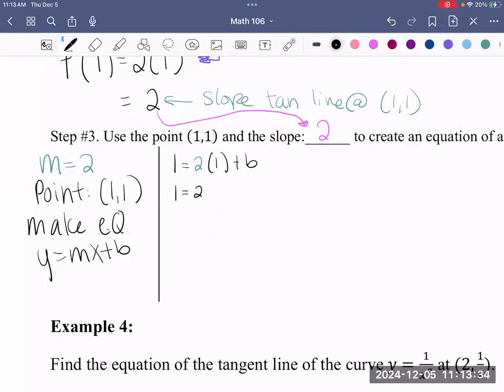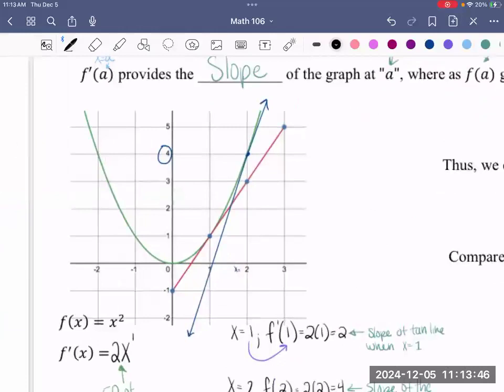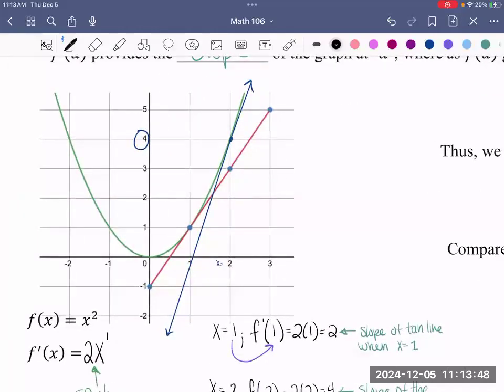So 2 plus b, subtract the 2, b is equal to -1. Therefore, y is equal to 2x minus 1, which is exactly what we learned from previous. And you can see that line right here in red. Your line, if we were to graph it, would be y is equal to 2x minus the 1 from your y-intercept.